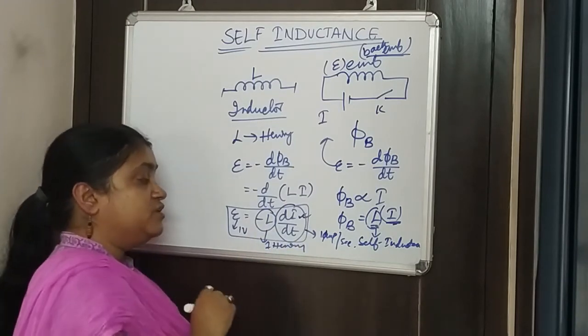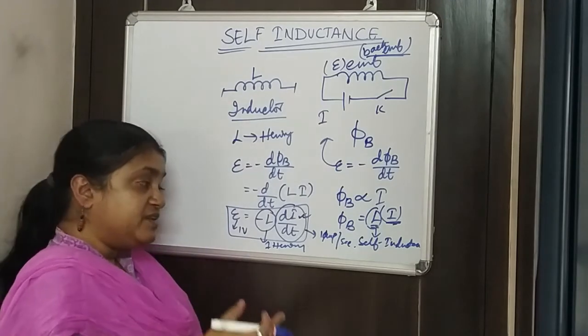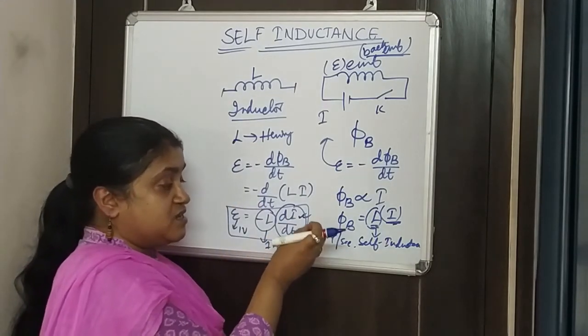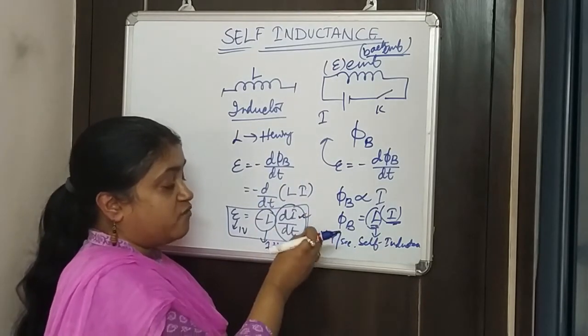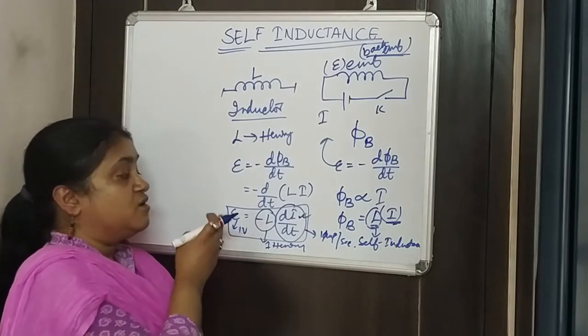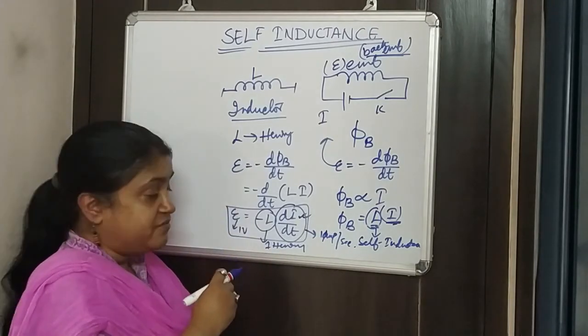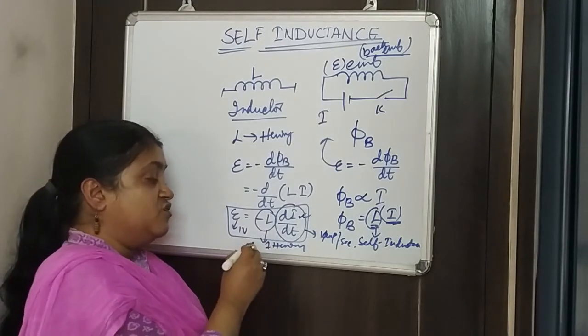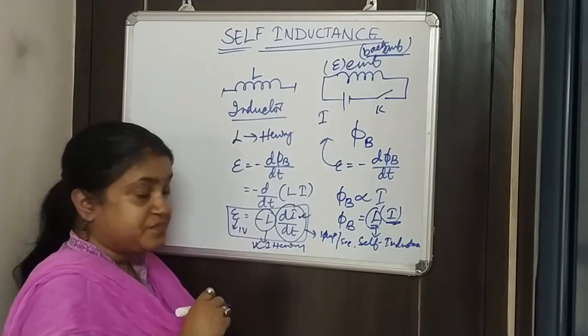So the SI unit of 1 Henry can be defined as when there is a change in the coil of 1 ampere per second, which would produce 1 volt of EMF, then the inductance of that particular inductor, we call it 1 Henry, right?